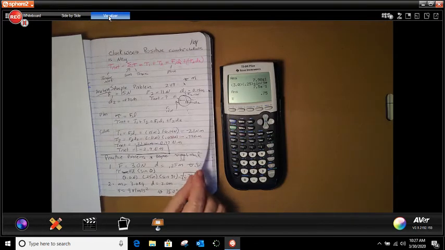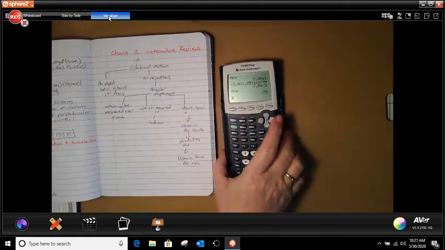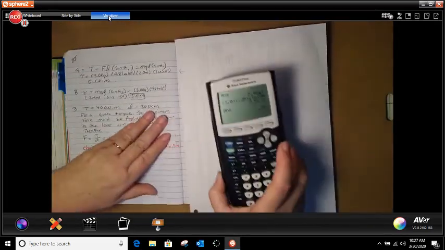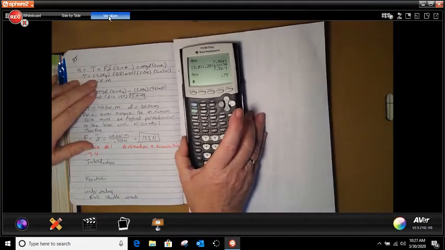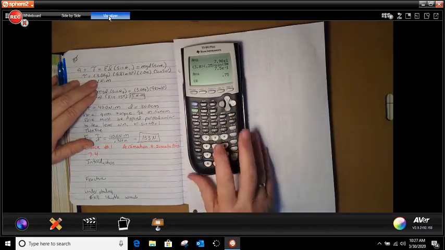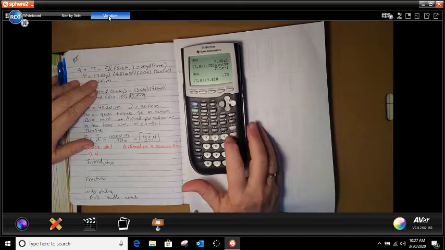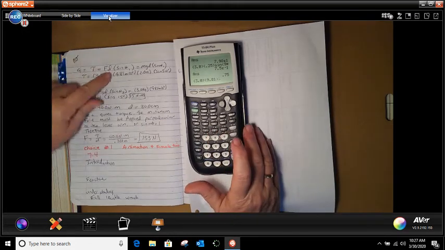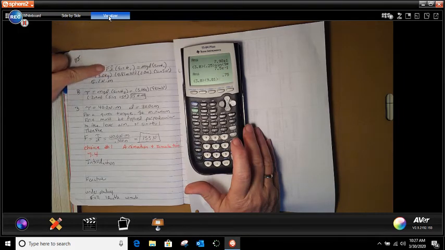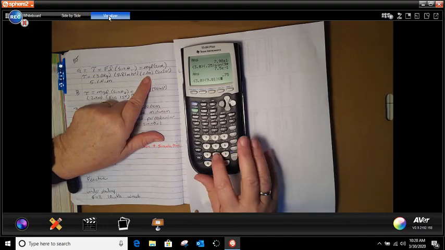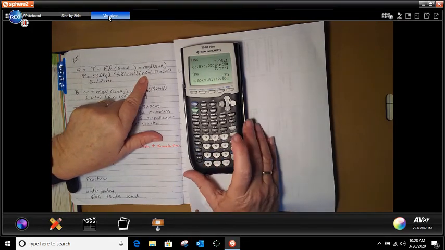So let's go over here and let's see what we did here. So here we are going to put in for our torque 3.0, times 9.81, because I'm multiplying this by this, and then I'm going to multiply it also by 2.0, because that is my distance, right?